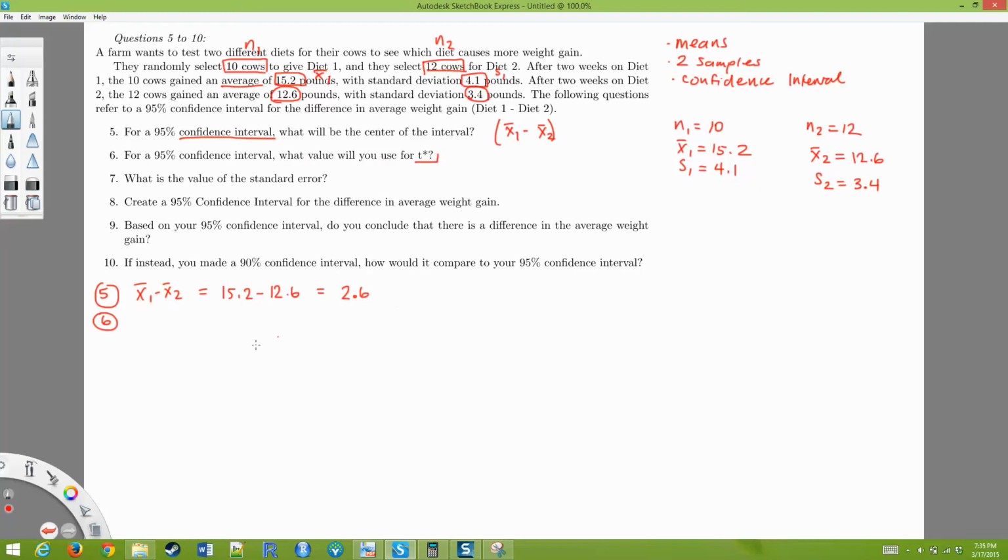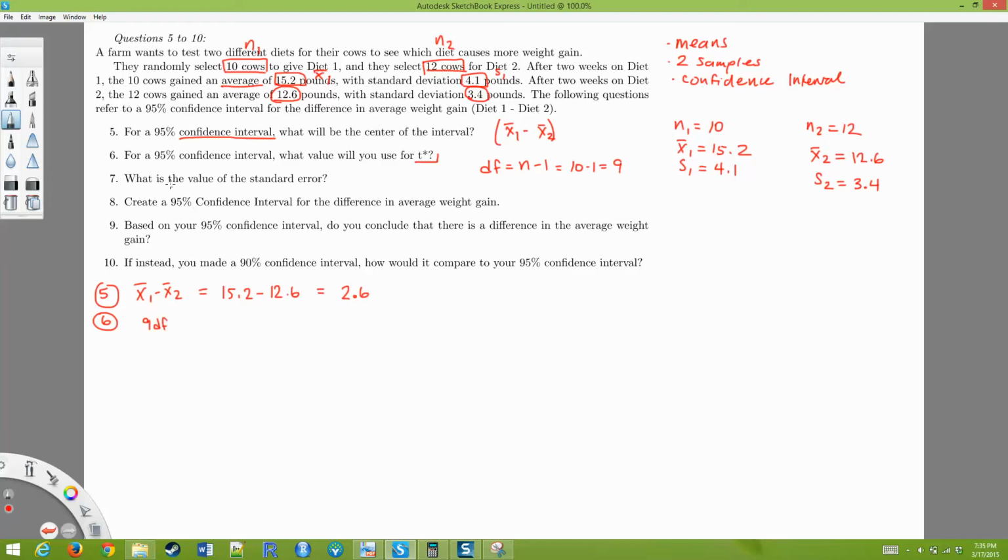T star requires that we have our degrees of freedom. Degrees of freedom is n minus 1, and which n do I use? The smaller one, so I'm going to use the 10. So I have 10 minus 1, 9 degrees of freedom.